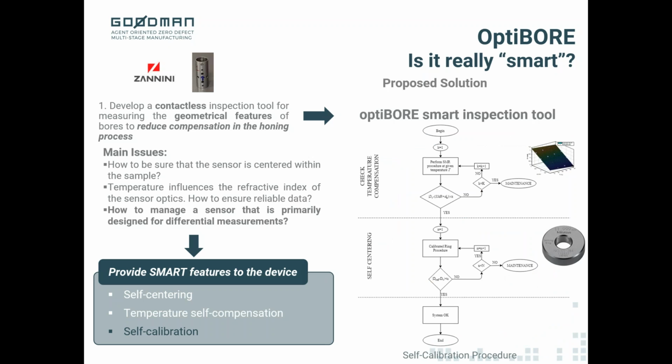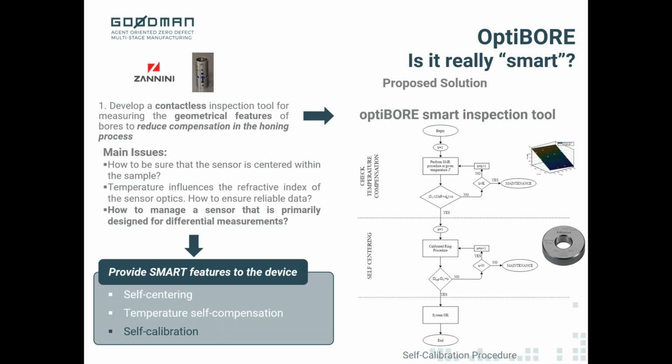For what the self-calibration is concerned, we came up with a strategy to perform the self-calibration of the whole system, which is based on a first check on the temporal compensation capability of the system. So we are checking if the temporal compensation capability of the system is working properly. If this is working properly, we go towards a self-centering check. For performing the self-centering check, we are using calibrated rings.